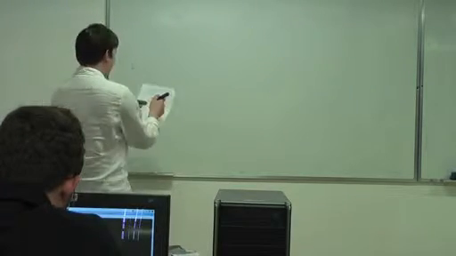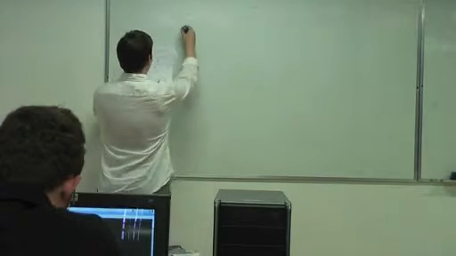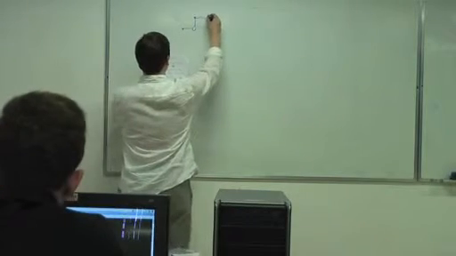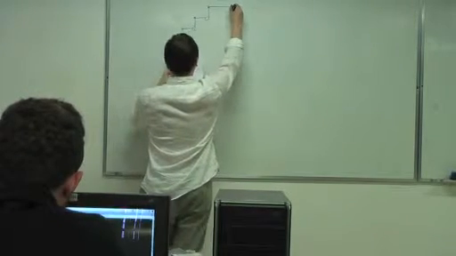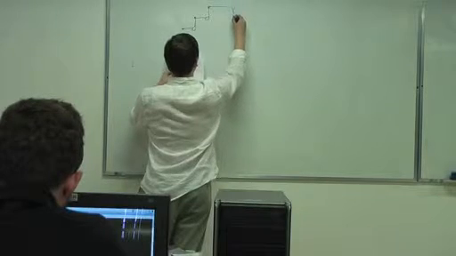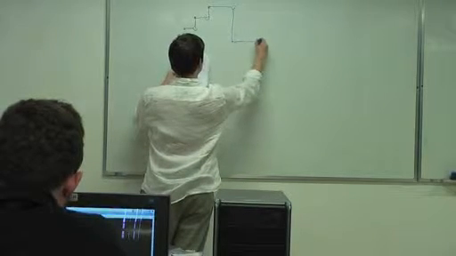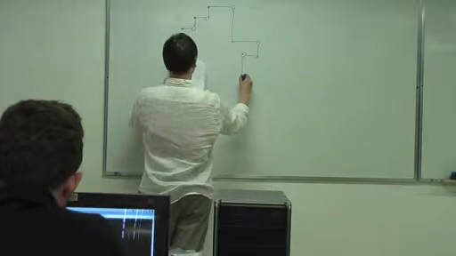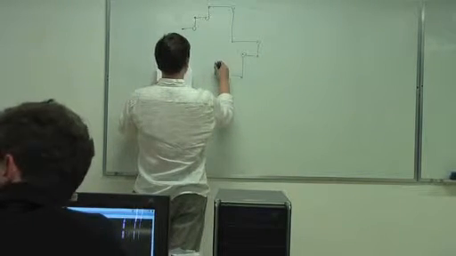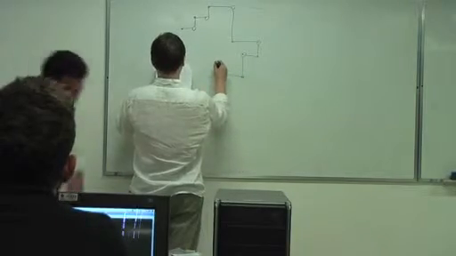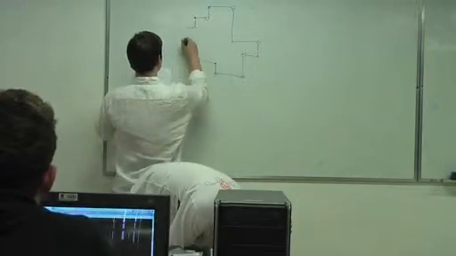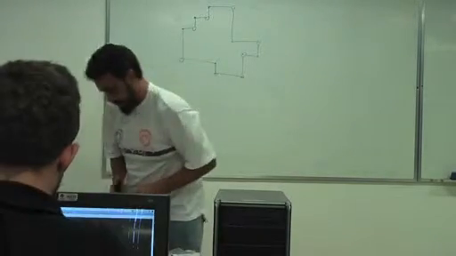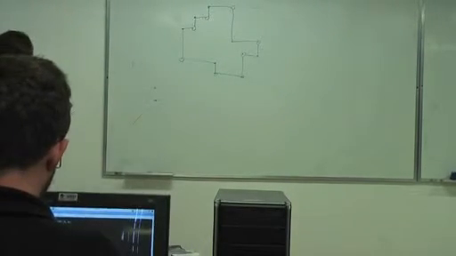I'll redraw the picture from the problem statement. So this is an example of a convex permutomino.